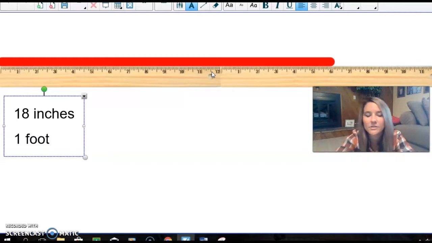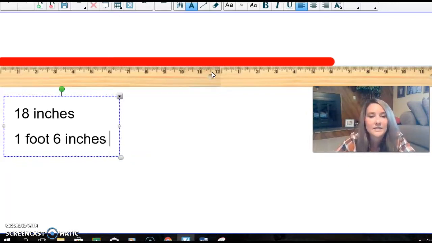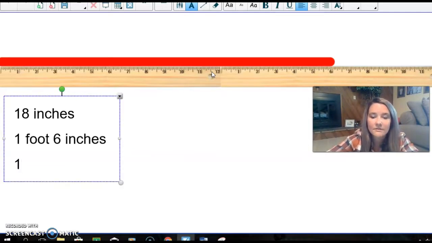And how many more inches? 6 inches. Another way to write 1 foot and 6 inches, this goes to our math focus points of writing the notation, is 1 foot, you put 1 apostrophe, 6 inches, and you put quotations. 1 foot, 6 inches.